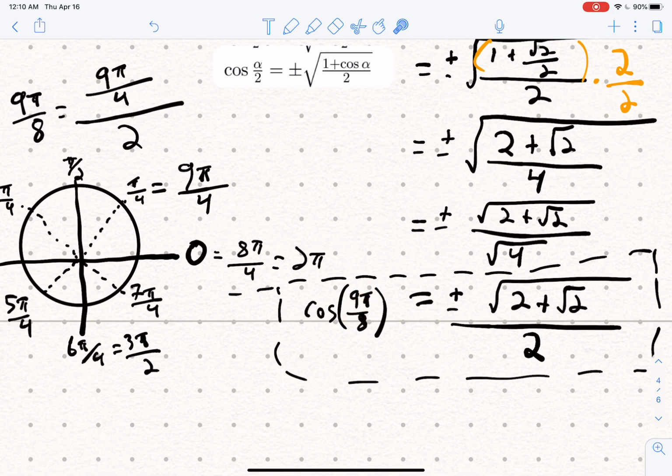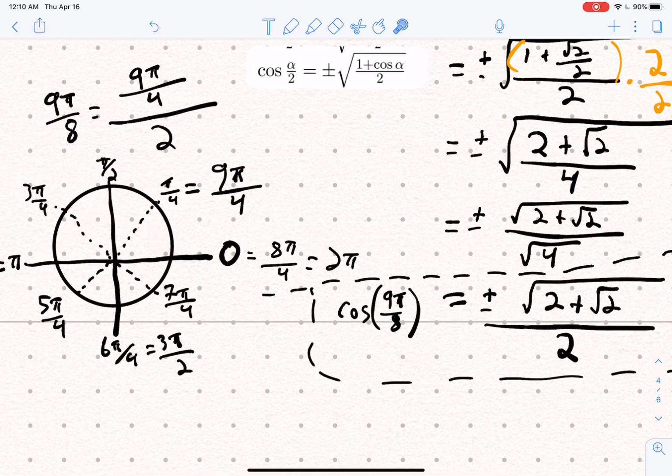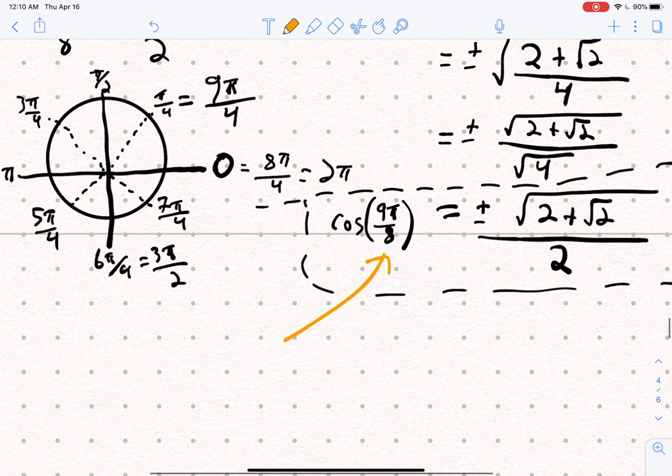Now, the angle pi is the one that's 180 degrees. It's over here. And so if this is pi, pi is like 8 pi over 8, and we add another pi over 8, that gets us down here. It's going to be in quadrant 3. So this guy is in quadrant 3.